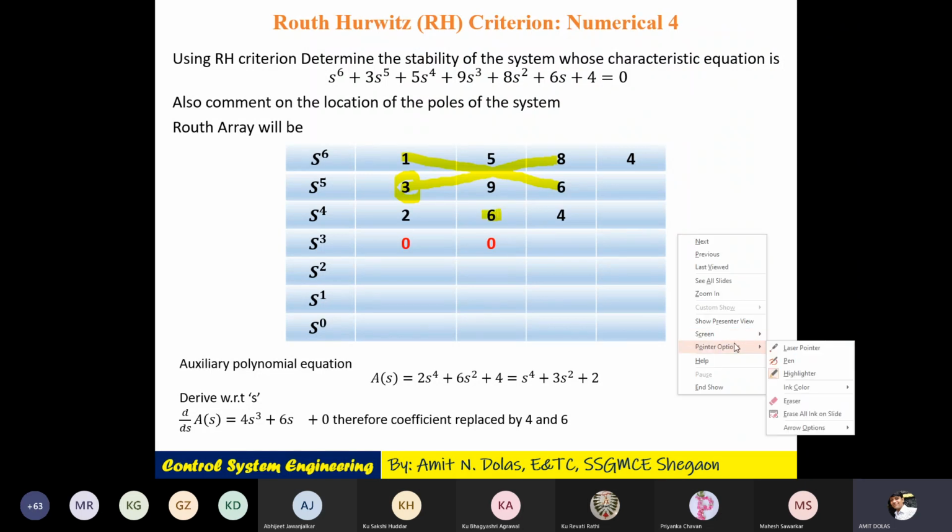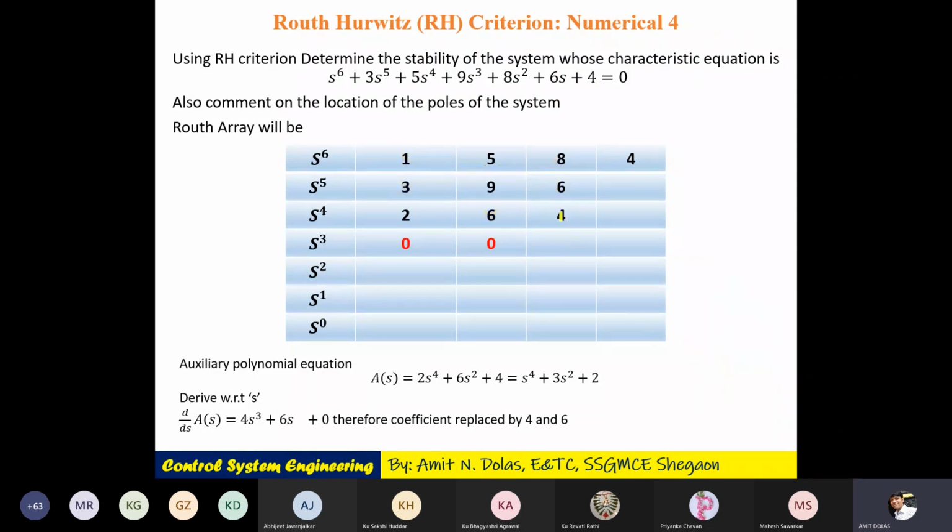Let's go further. For this element, the reference is this 3. Don't move here. The reference is this 3 into 4, that is 12, minus 1 into 0. If there is nothing, consider 0 or leave it directly.